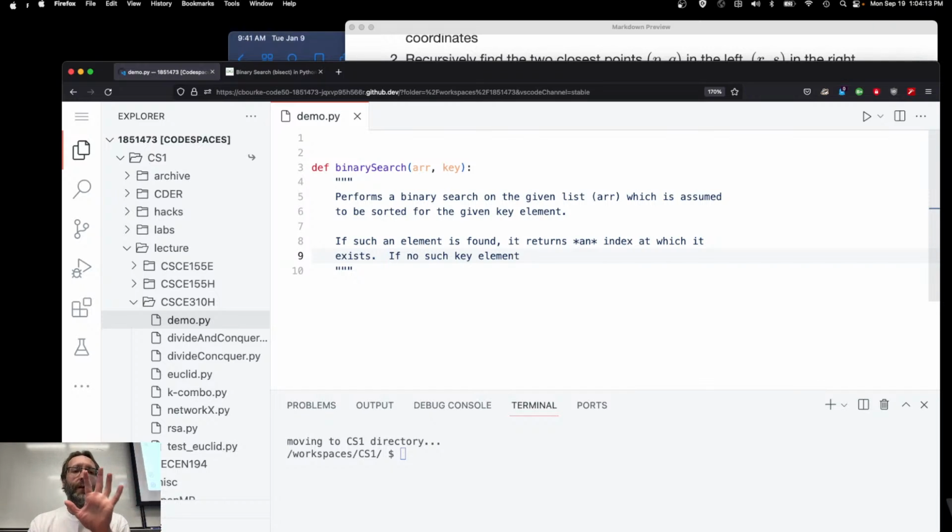So if there are 5 8s, which one do we return? The first one, the last one, the middle one, any of them, right? I don't care. That's not the point of this particular algorithm. It returns an index at which it exists. If no such key element is found, returns an index at which it would appear if it were to be inserted in order.